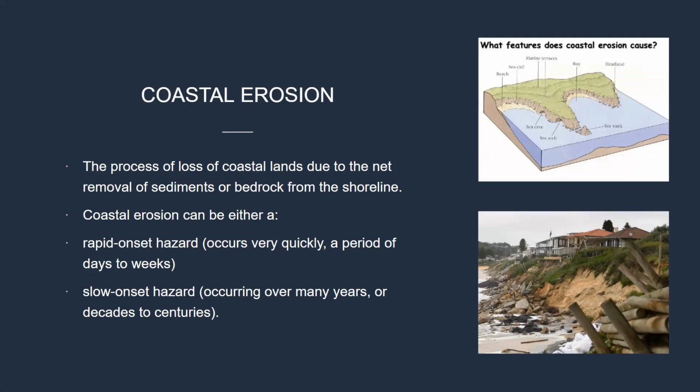That bottom picture there is a picture of Wamberal, where I am originally from, down on the Central Coast. That happened maybe 2 or 3 years ago, when king tides came in during a very bad storm, and this is an extreme example of a rapid onset coastal erosion event.